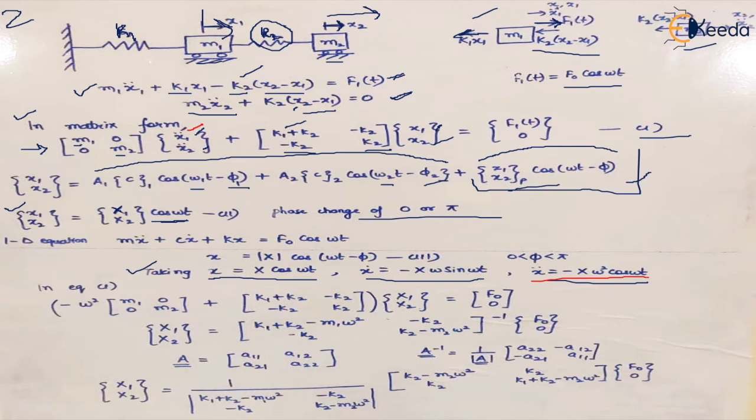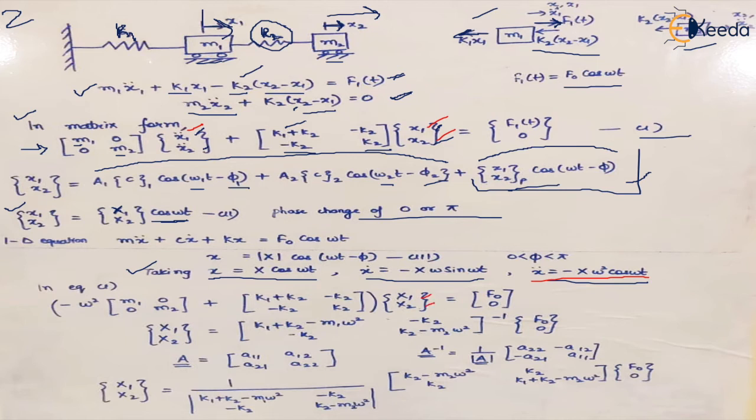So taking the phase as 0, the equation becomes minus X omega square. For m1 the amplitude is X1 and for m2 the amplitude is X2, right? So this x1 x2 can be replaced with X1 and X2.